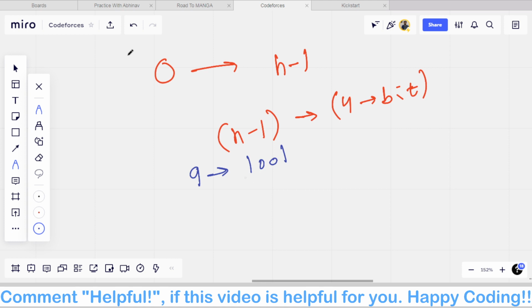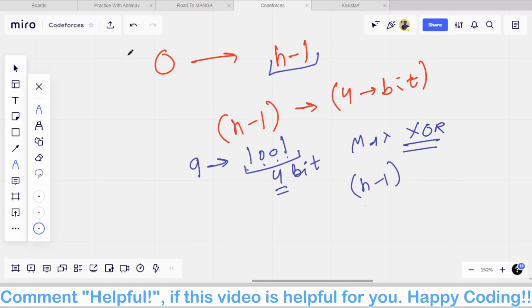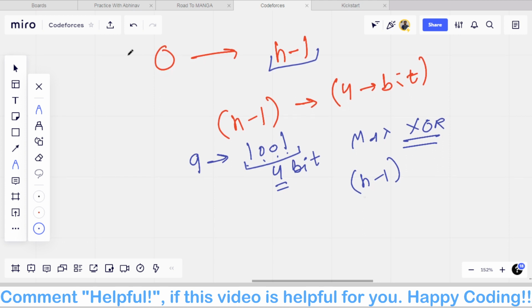So it requires 4 bits to store 9 in binary, meaning 1, 2, 3, 4. So it is a 4-bit number. That is what I am telling: if n minus 1 is a 4-bit number, in that case the maximum XOR we can get is always equal to that n minus 1, or basically it will always be equal to... so let's consider an example.